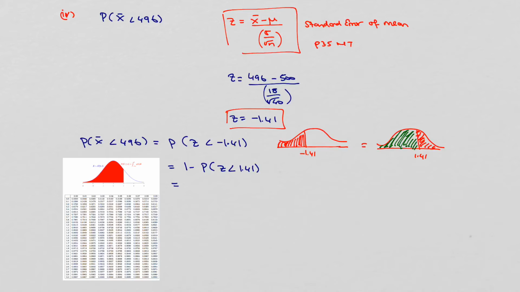Okay, so if I go to my tables here and I look for 1.4, and I go out to 1 and I go down, I end up with 0.9207. So that's 1 minus 0.9207, which is of course 0.0793. So in other words, the probability that the sample mean is less than 496 is 0.0793.